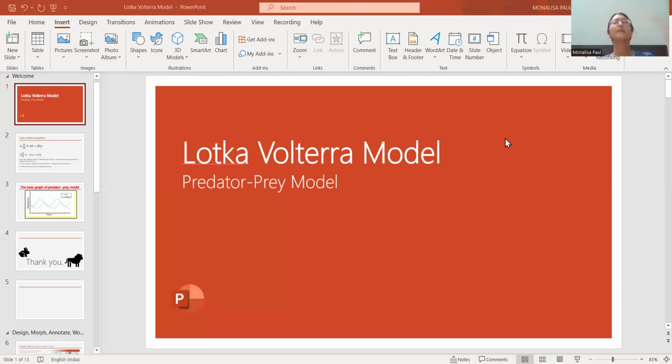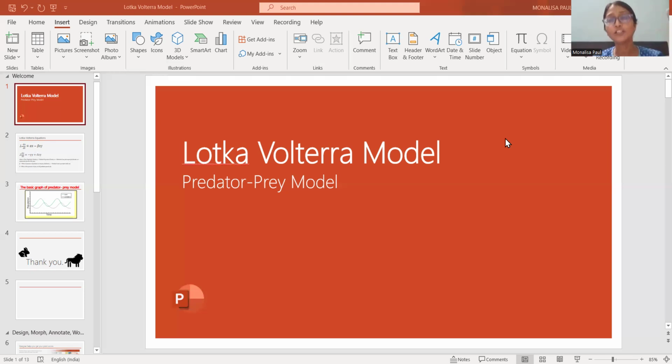Now, there were two mathematicians in 1925. They developed this model. These mathematical models help in predicting the trends or the variations in the future. And mind you, it is very difficult to predict something in nature or in ecology. You know why?